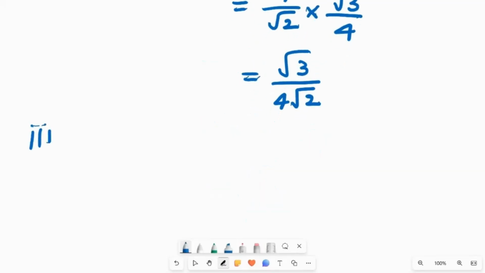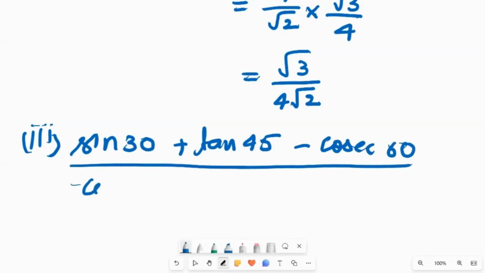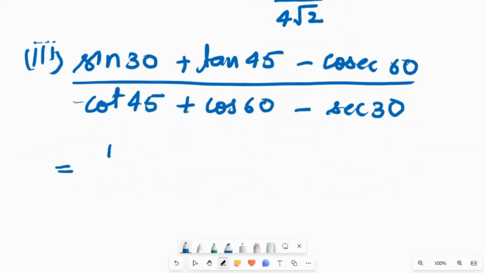Next, third one, we have sin 30 plus tan 45 minus cosecant 60 whole by cot 45 plus cos 60 minus secant 30. So we have sin 30 which is 1 by 2, tan 45 which is 1, cosecant 60 which is 2 by root 3, as we have just seen above.